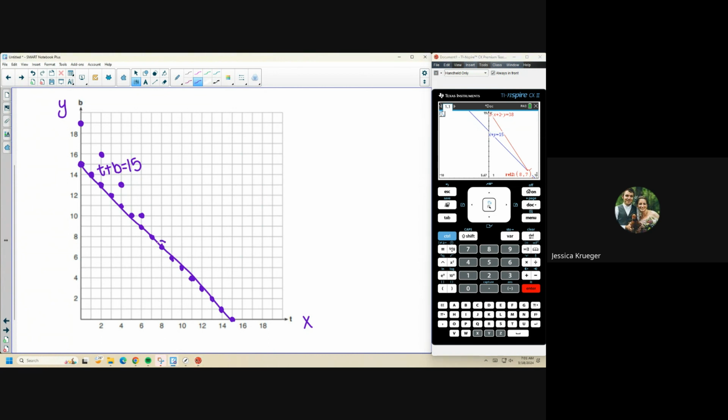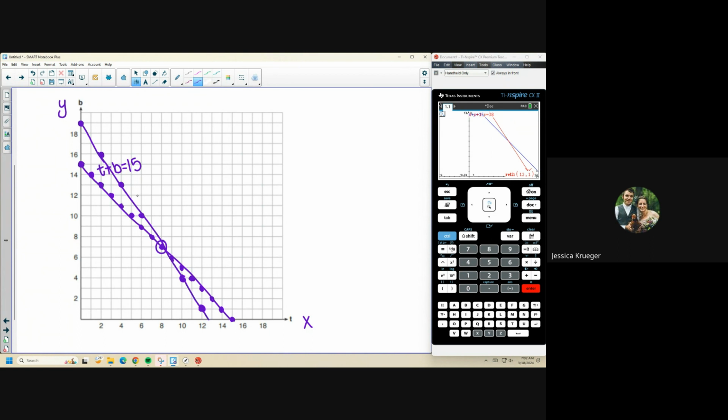Oh, and interestingly enough, that appears to be where they're going to cross. 10, 4. 12, 1. And then I don't think I'm going to get to a nice point there. So I'll go ahead and connect these.